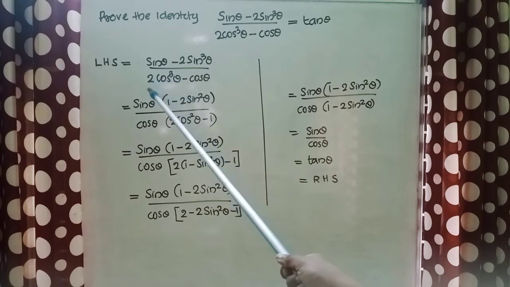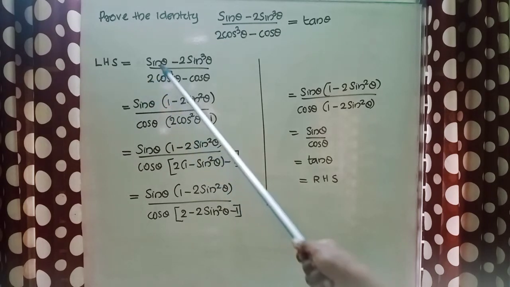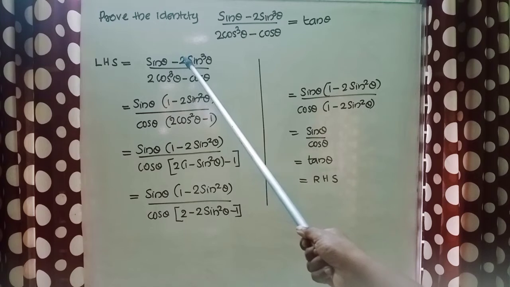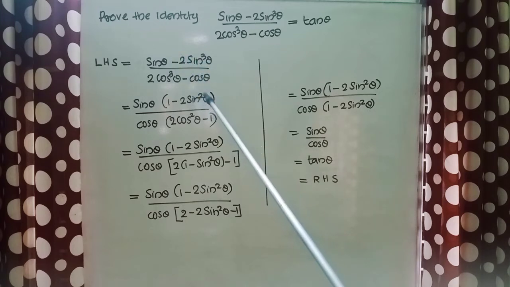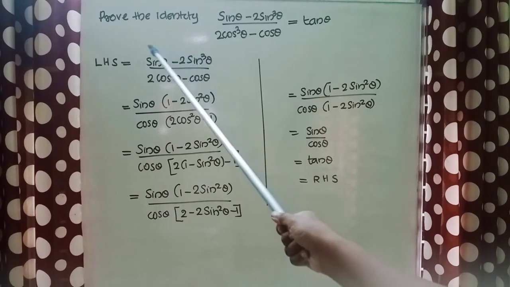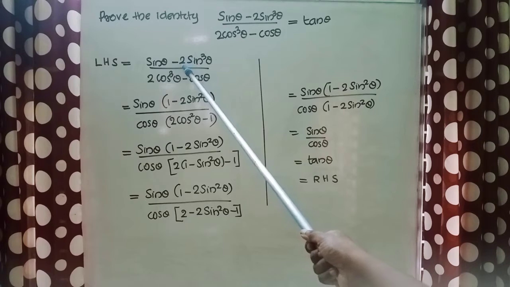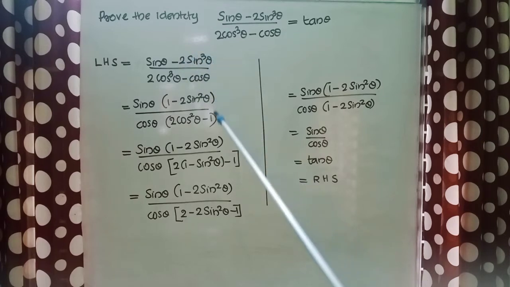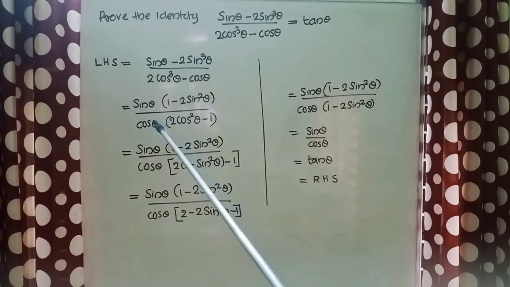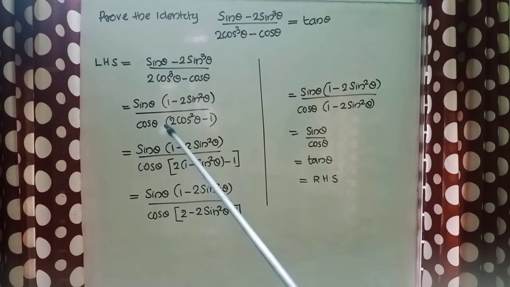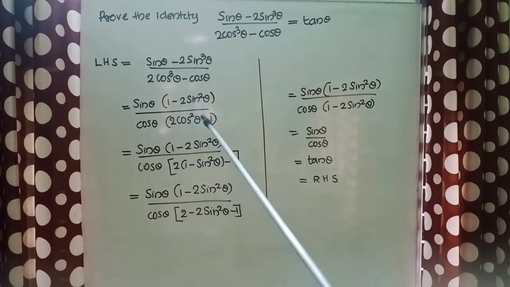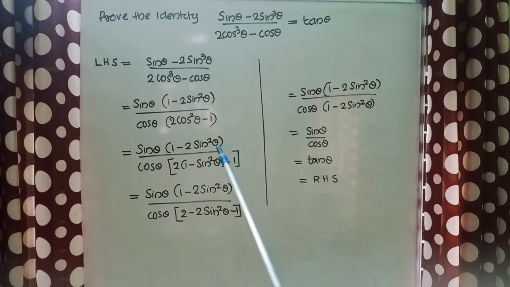We get sin theta into (1 minus 2 sin square theta). We have taken sin theta outside from each term, so here there is remaining 1 and here remaining minus 2 sin square theta. Similarly, in the denominator, cos theta into (2 cos square theta minus 1).